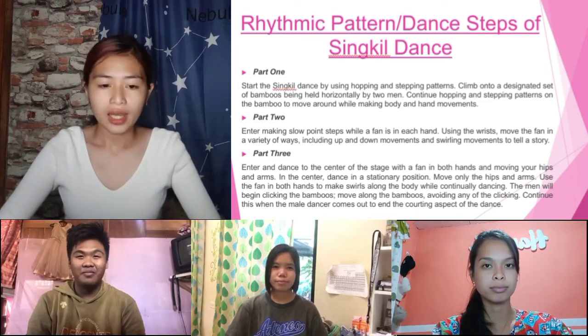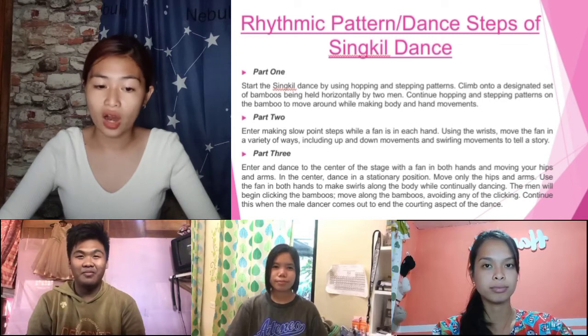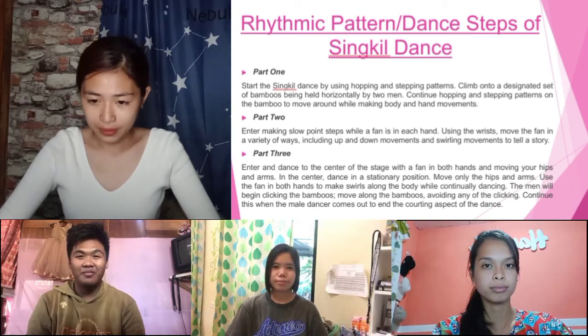Part 3. Enter and dance to the center of the stage with a fan in both hands, moving your hips and arms. In the center, dance in a stationary position. Move only the hips and arms.